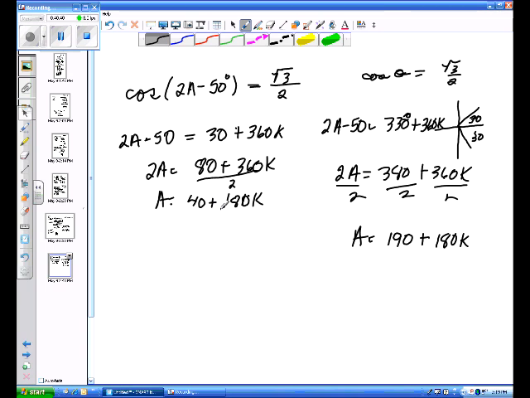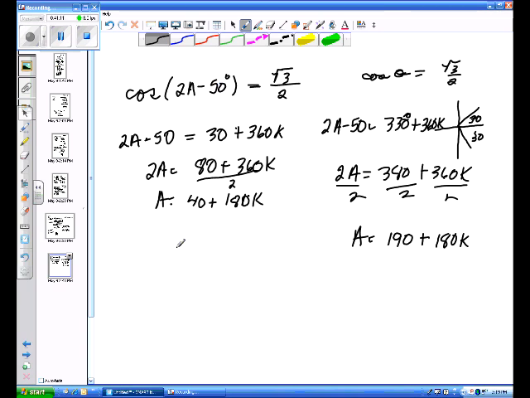It's an example. If k is 0, then we would be substituting in 40. 2 times 40 is 80, minus 50 would be 30. Cosine of 30, square root of 3 over 2. If k is 1, well, then we have 40 plus 180, so that would be 220, times 2 would be 440, minus 50 would be 390.